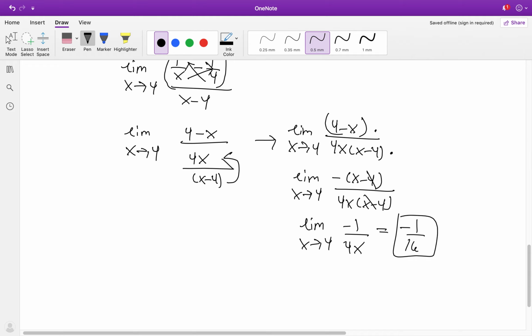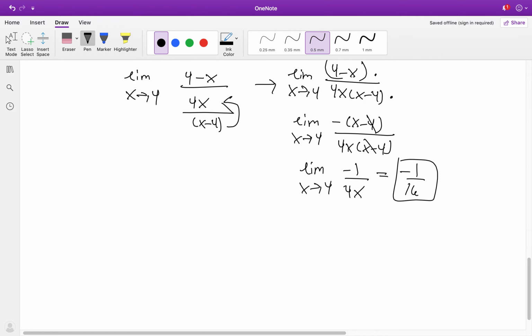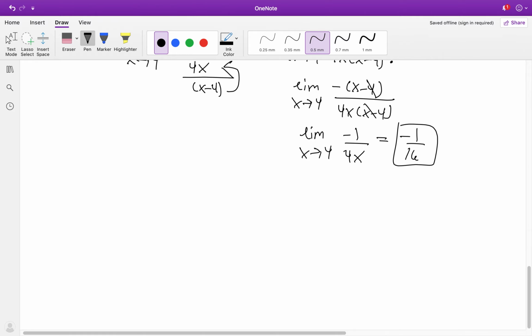Okay, and then the last method is pretty easy. Essentially, we're just going to have to factor.